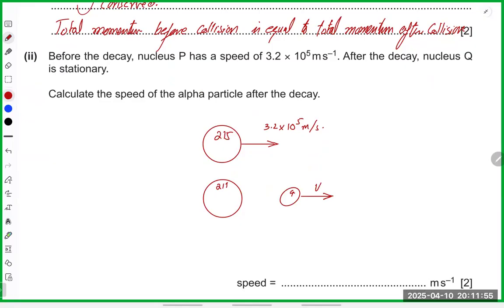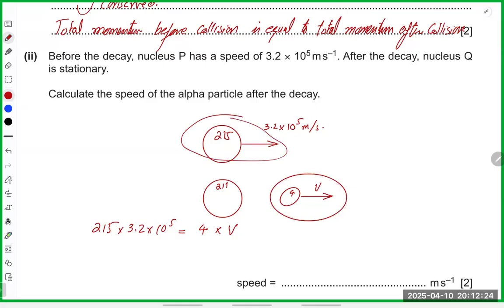Now how can we find the velocity? The total momentum is always conserved. So total momentum before collision equals total momentum after collision. So 215 into 3.2 into 10 to the power 5 equals 4 into V. Because the momentum of this has to be equal to the momentum of this.